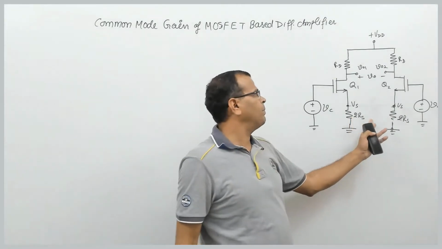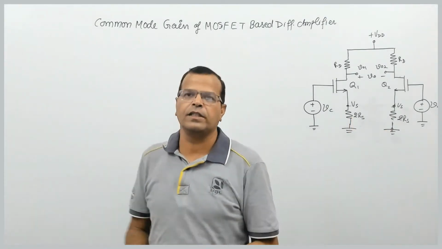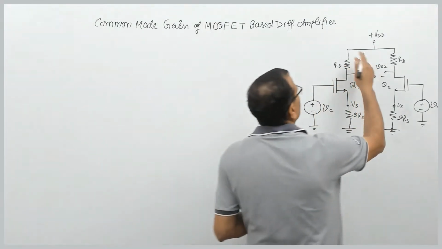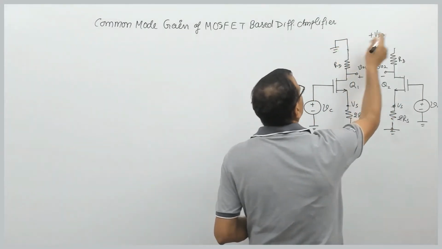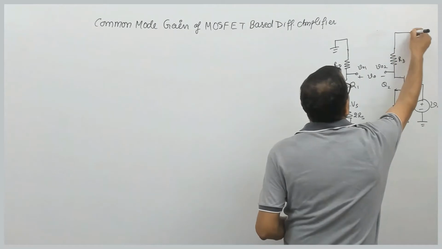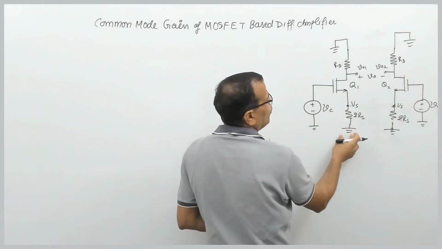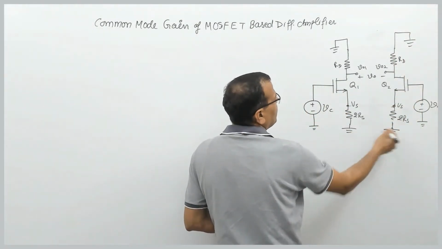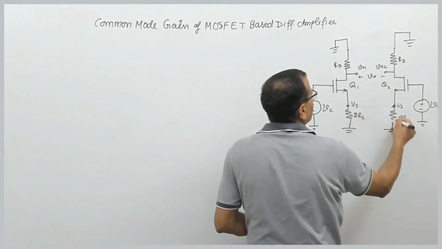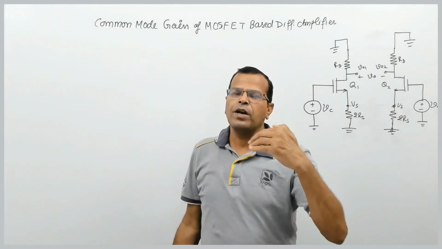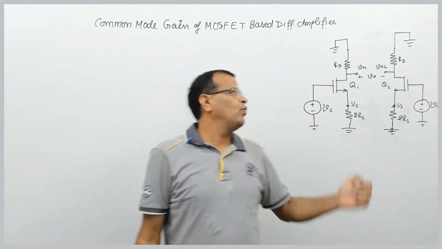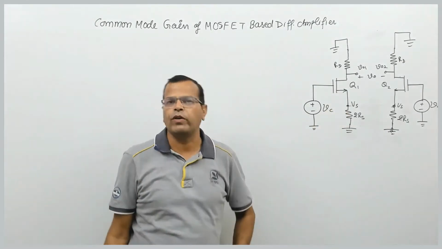So you can replace it by single resistance Rs. Similarly, for small signal analysis, the biasing source has to be replaced by the ground. So that biasing source here was replaced by ground. Similarly, biasing source here is replaced by ground. So just like differential mode operation, we have split this into two equal parts.